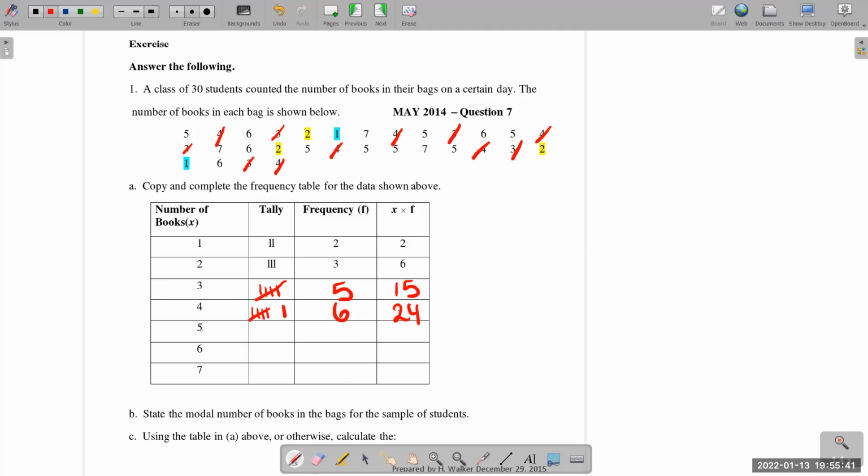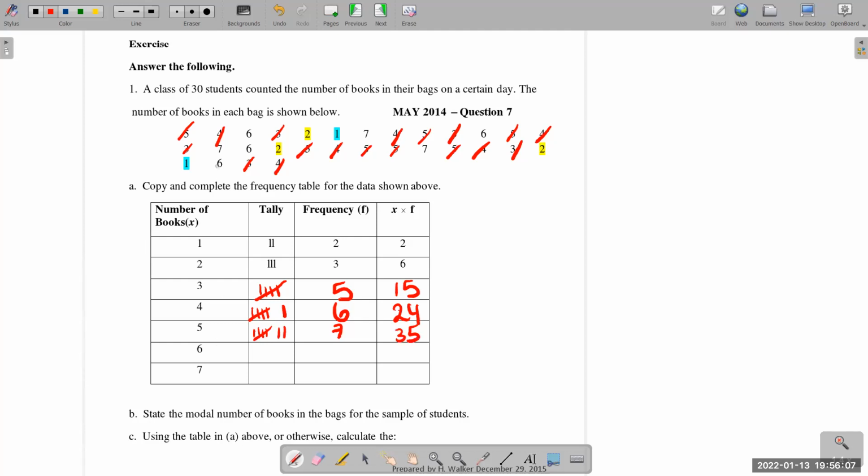So let's go. 5, let's count 5. 1, 2, 3, 4, 5, 6, 7. Everybody agree? 7. So you're gonna be 7 times 5, 35.